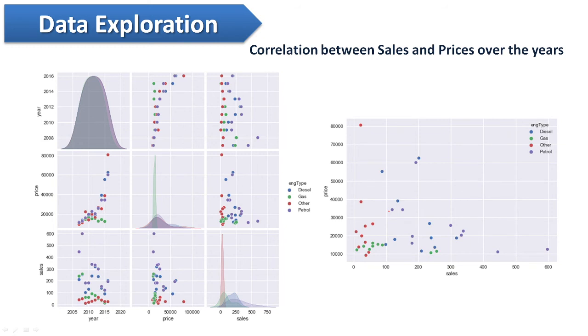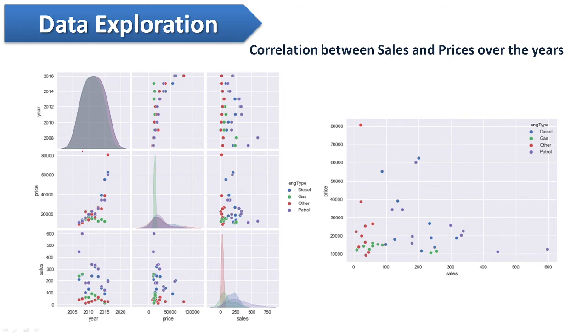Okay, let's look into the other aspects. We have a problem statement of a particular used car sales company losing some of its sales. What could be the potential reason? That's how we are doing all this analysis, and this will give you a fair idea and a little more detail about how car sales and prices are correlated over a period of time.